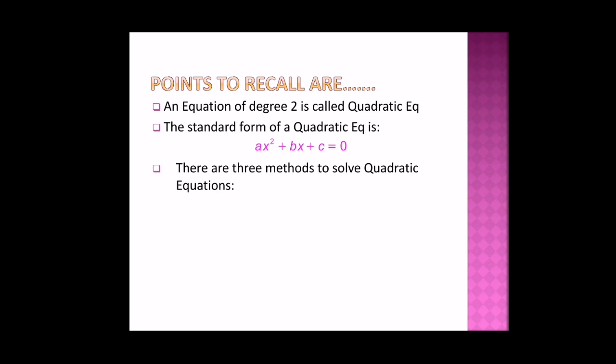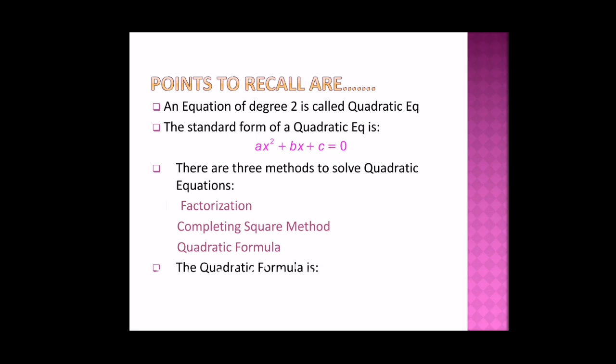And there are 3 methods to solve quadratic equations: first is factorization, second is completing square method, and third is quadratic formula. The quadratic formula that we derived in chapter number 1 is x is equal to minus b plus minus under the root b square minus 4ac whole divided by 2a.